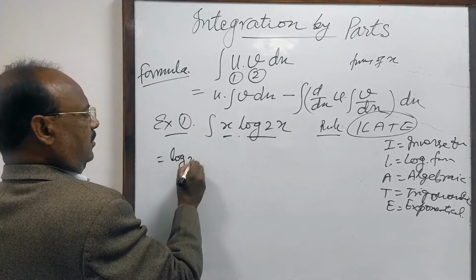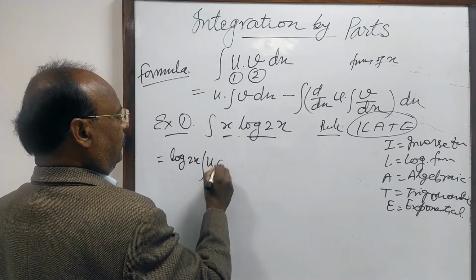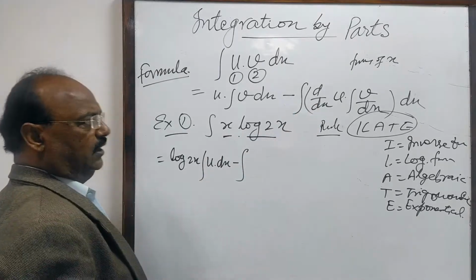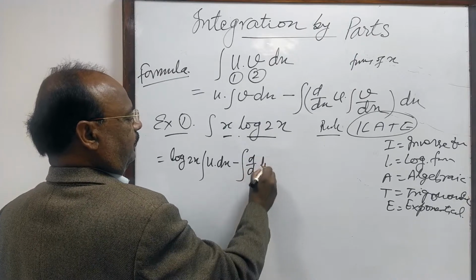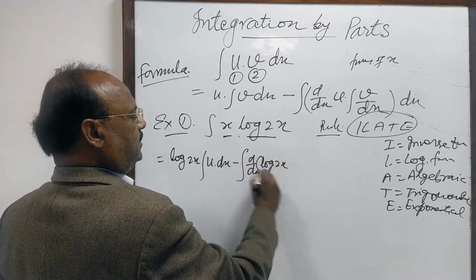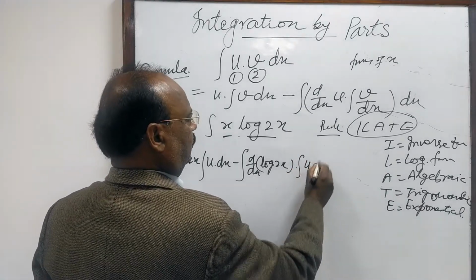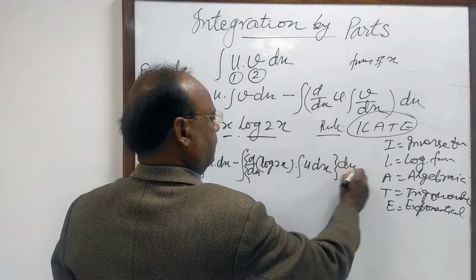So this is log of 2x, integral of second function, that is integral of x dx, minus the integral of the derivative of the first function, d/dx of log of 2x, into the integral of the second function, x dx, and we write here whole dx.